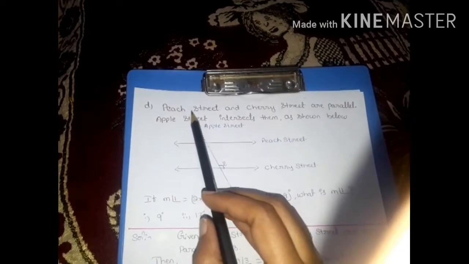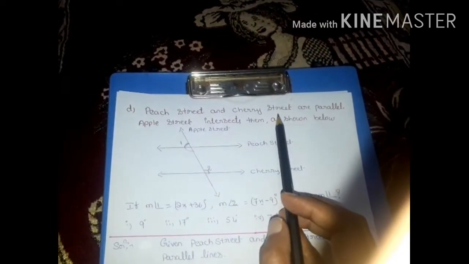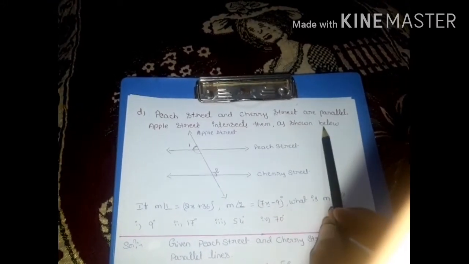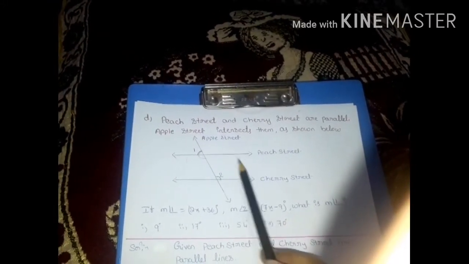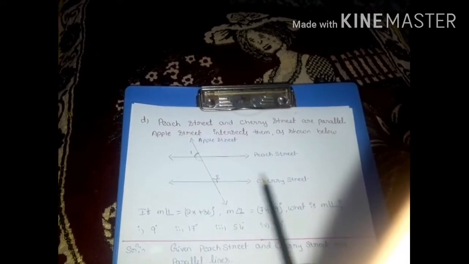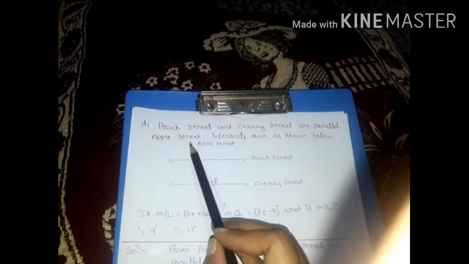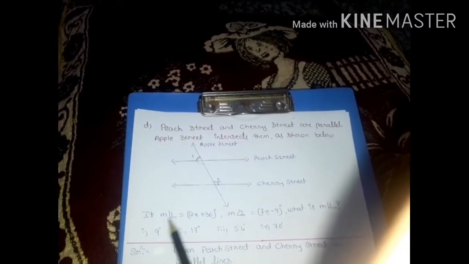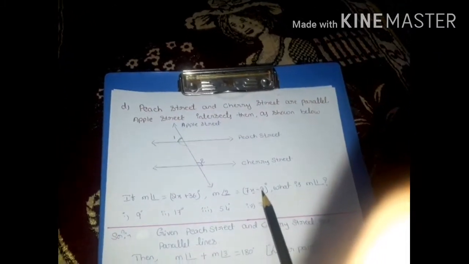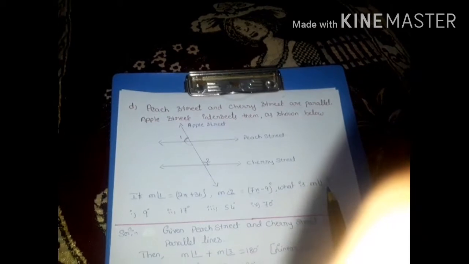D question. Peach Street and Cherry Street are parallel. Apple Street intersects them as shown below. This is the diagram. Peach Street and Cherry Street are parallel to each other. Apple Street intersects them at different points. This acts as a transversal. If m angle 1 is equal to 2x plus 36 degrees and m angle 2 is equal to 7x minus 9, what is m angle 1?